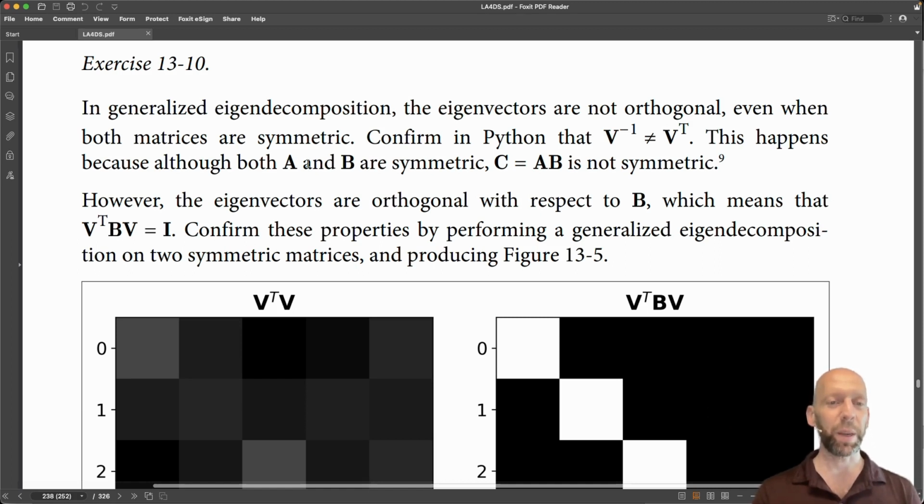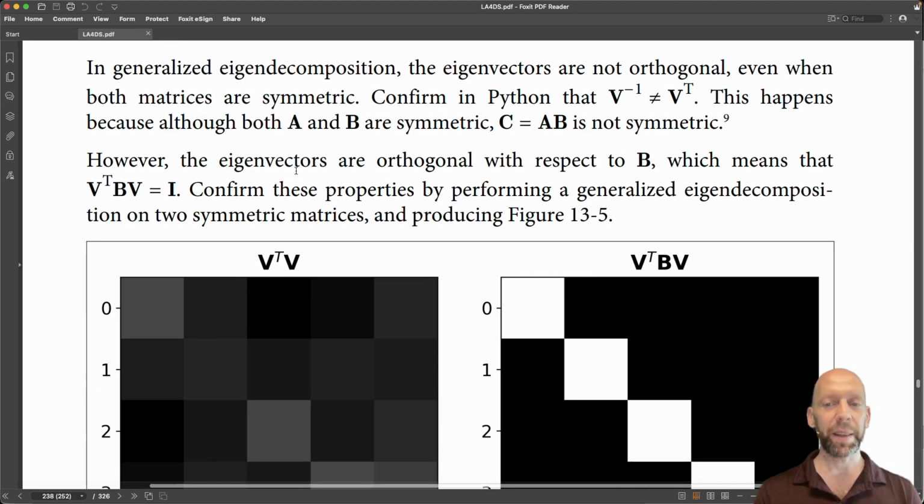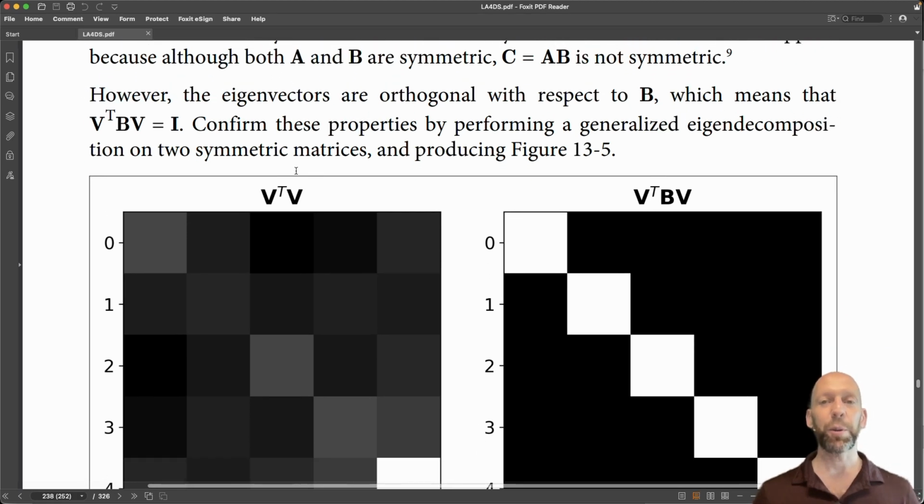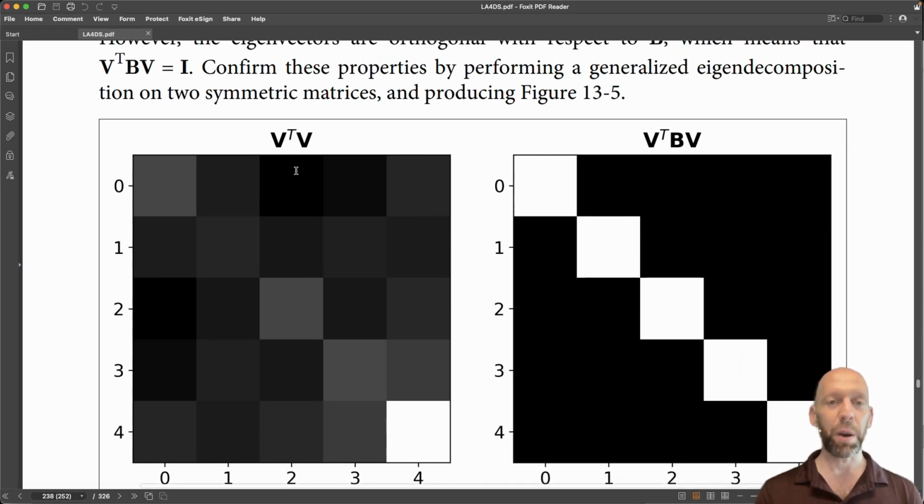Okay, so here we are exploring one particular property of generalized eigendecomposition. When we think back to regular eigendecomposition on one matrix, if that matrix is symmetric, then you know that V transpose V, where V is the matrix that has eigenvectors in its columns, will be the identity matrix, and that is because V is an orthogonal matrix.